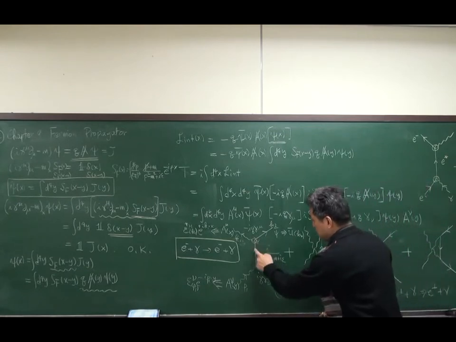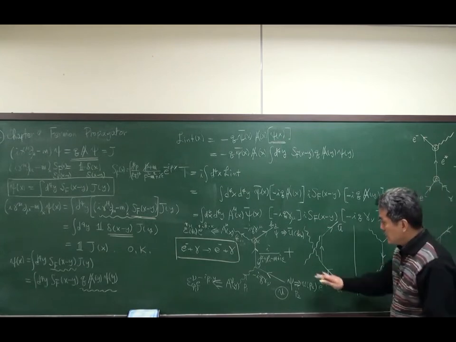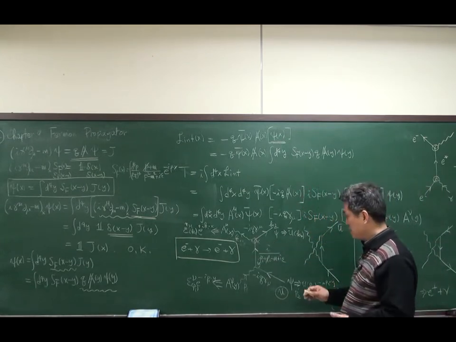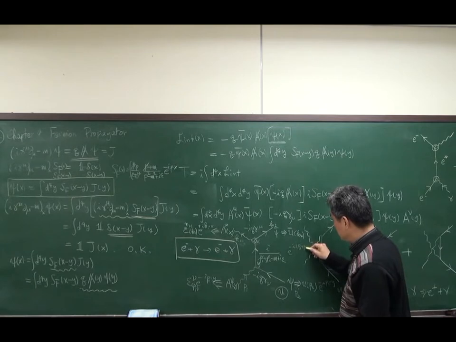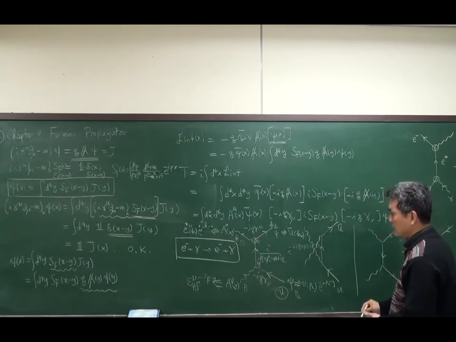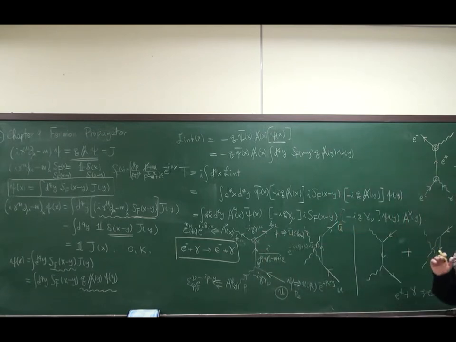In the intermediate state, I have to multiply the fermion propagator and integration over momentum with minus i (p1 plus p2) dot (x minus y), right? From y to x. But these kinds of exponential factors are all combined together to make the energy-momentum delta function.